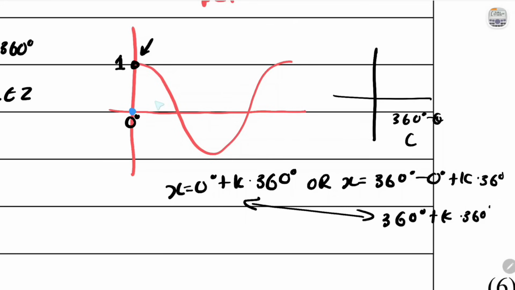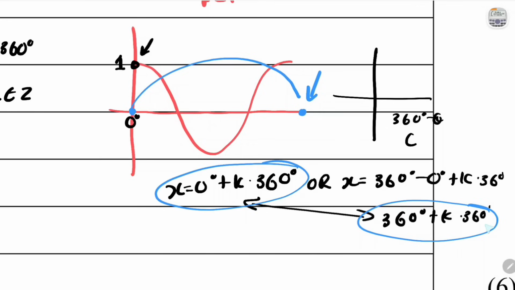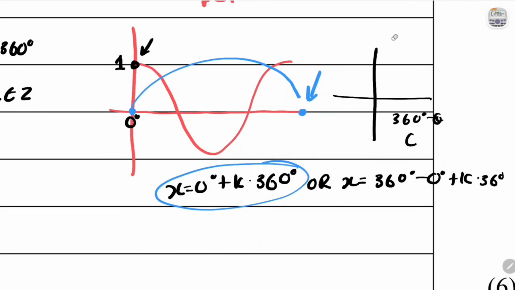This answer here will repeat itself 360 degrees later, and then 360 degrees later. But when you're looking at this solution, this is saying 360 degrees plus k 360. That's already this solution. It is just repetitive to repeat that again. So we don't have to say it twice. You can just leave one of those answers and omit or cancel the other one.